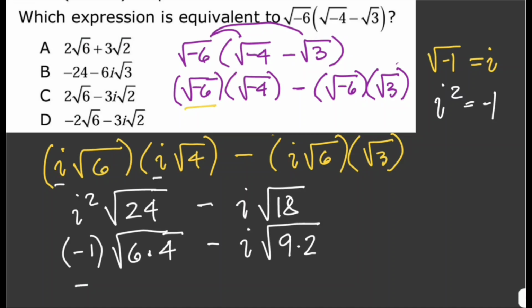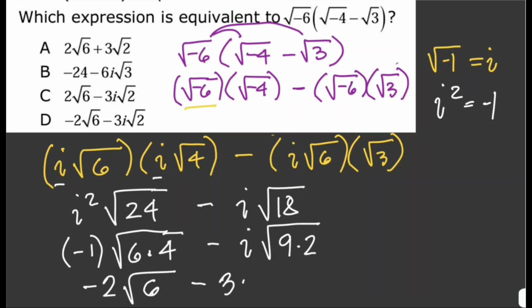Then, okay, this would become negative of the square root of 6 times 4. Square root of 4 is 2, so we can put 2 outside the radical. Then we're left with 6 as the radicand. Then minus i square root of 9 is 3.